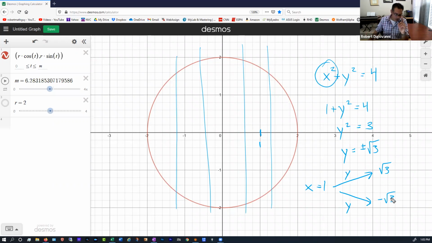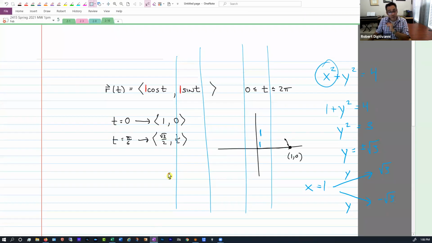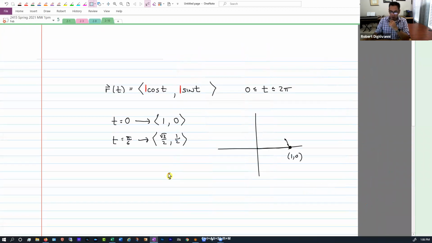Yes? However, looking at it from this new perspective of a vector function, everything's okay. Because if we start plugging in values of t, I have an input, t is 0, and that goes to this vector (1, 0), right?